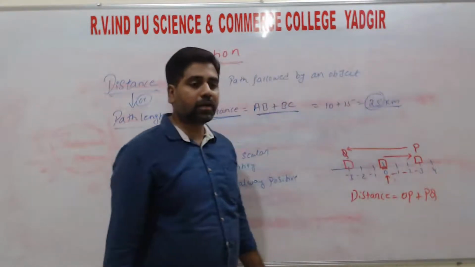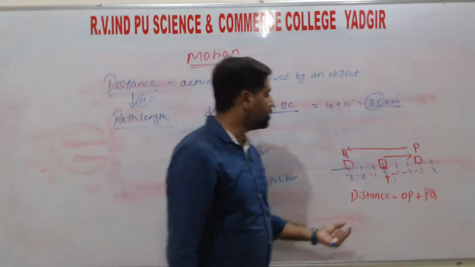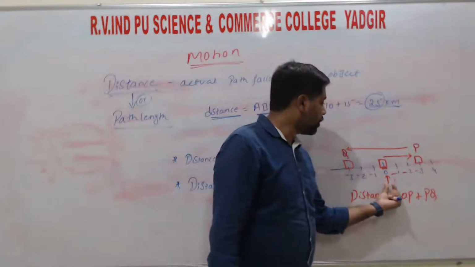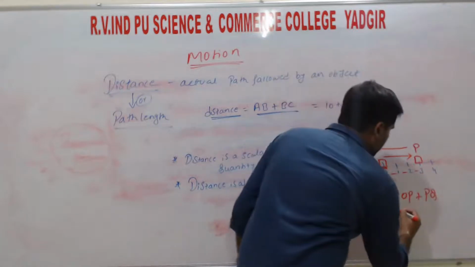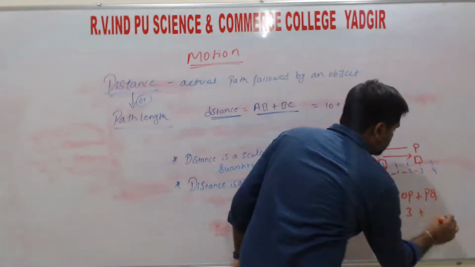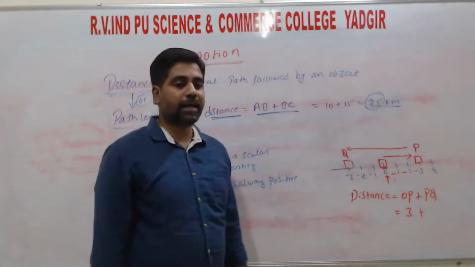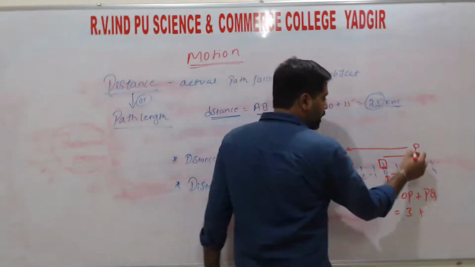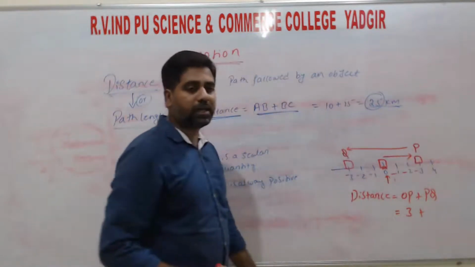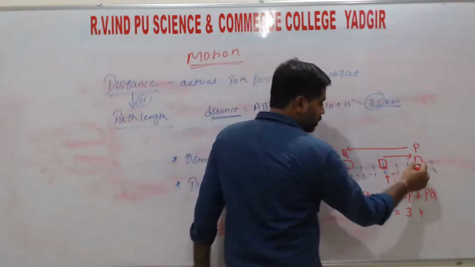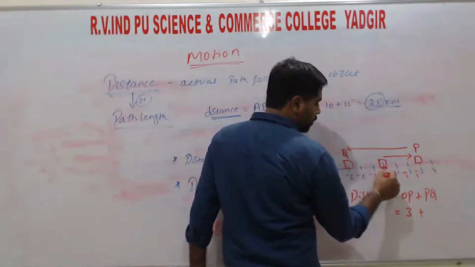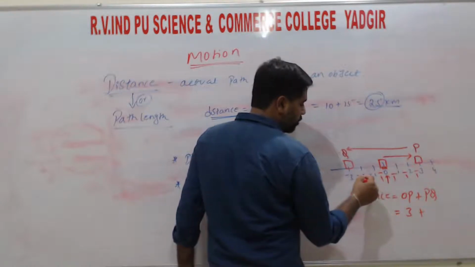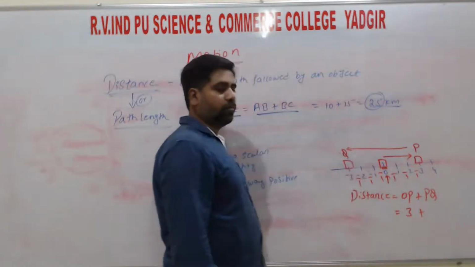So that gives the distance, right? So here the distance from O to P is how much? It is 1, 2 and 3, right? So OP is 3. Next, plus PQ, from here to here the distance covered is 1, here it is 1, here 1, here 1, here 1 and here 1.